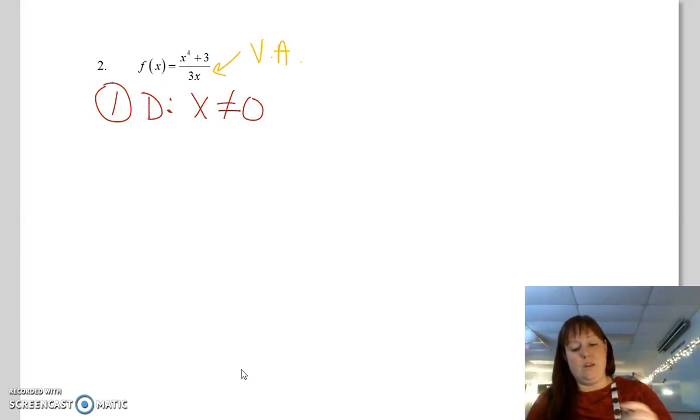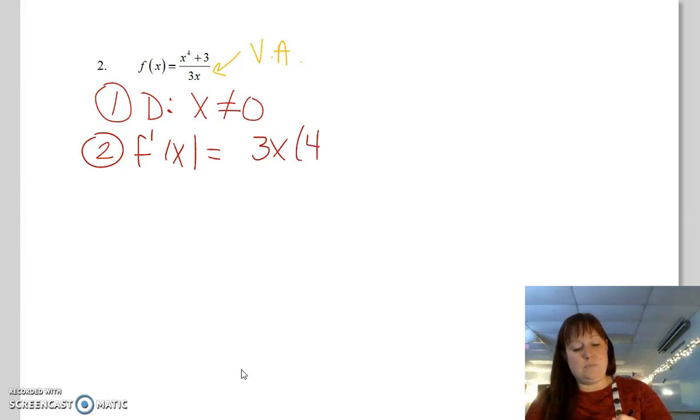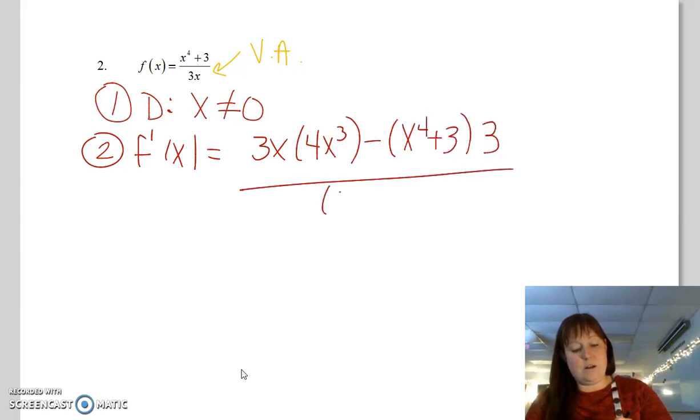Okay? So, number 2, the next thing we do is we find all of our critical numbers. So remember, our critical numbers are where f prime of x is 0 or undefined. So we have to find f prime of x first. So low d high minus high d low, square the bottom, and away we go.